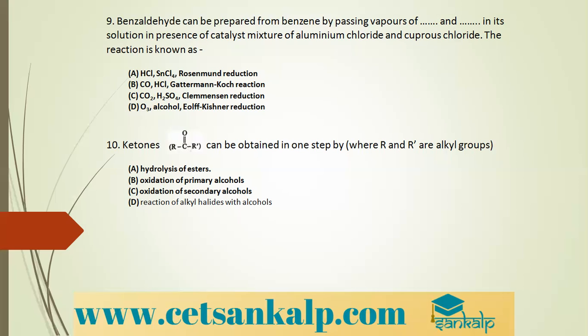Any of these selective reagents can be used. If you use acidified K2Cr2O7, then the secondary alcohols get oxidized to ketones. Obviously it is difficult to oxidize ketones, but still the ketones get oxidized to a mixture of carboxylic acids containing fewer carbon atoms. So you should know all these points.